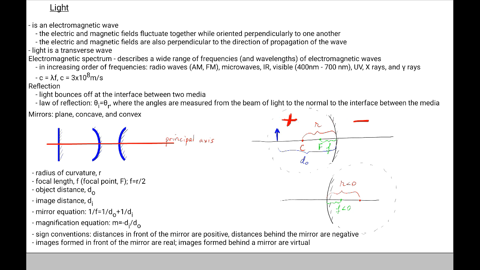So we expect images formed on the shiny side of the mirror to be real images. And images formed behind a mirror are what we call virtual. So one example of a virtual image is in a plane mirror. If you look at yourself in the mirror, in a bathroom mirror or whatever, that image that you're seeing is actually a virtual image.